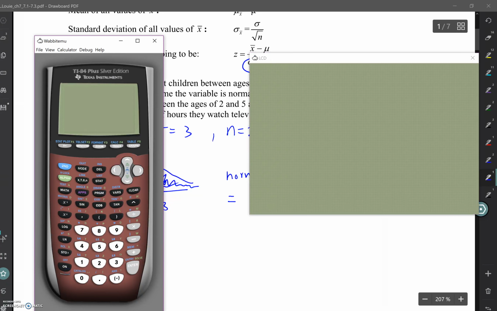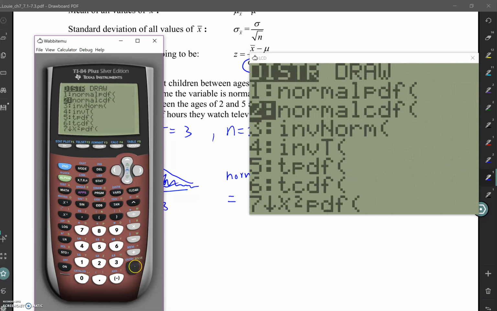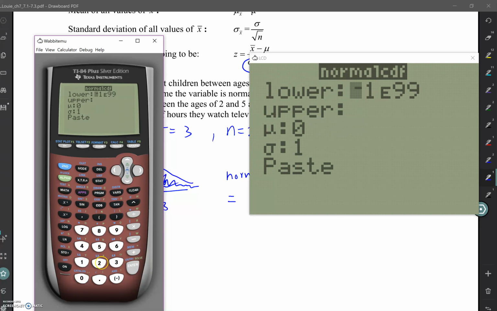So let's see. If I go to my normal CDF, 26.3 up to infinity. A mean of 25, and my standard deviation of 3 divided by the square root of 29.